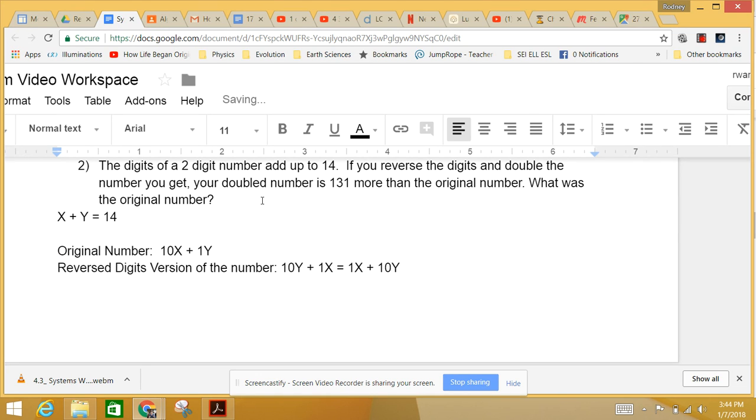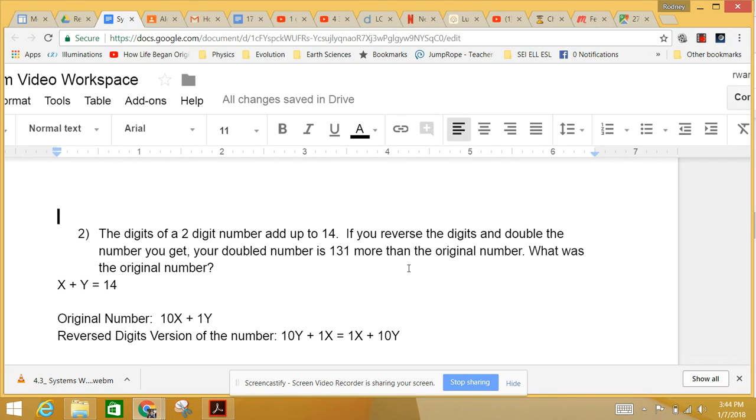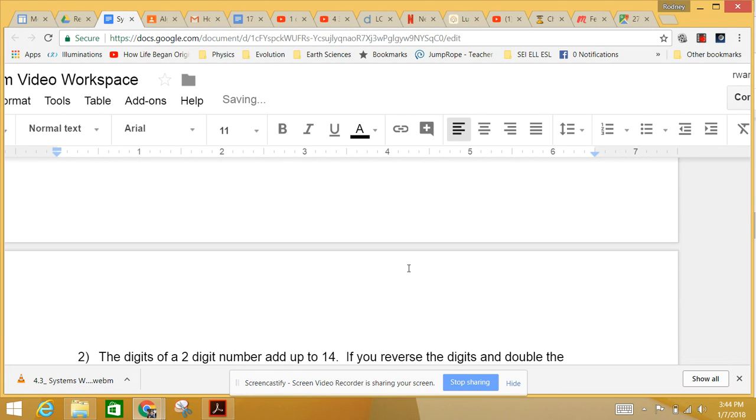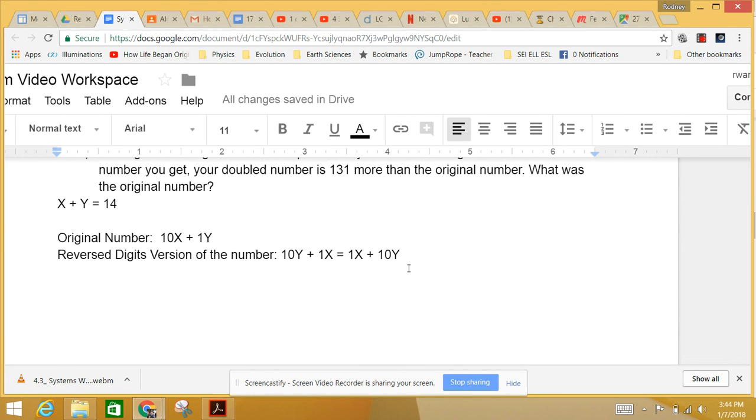And now I need to deal with the other equation. I've got one version that's 131 more than the other. I'm going to do this so I don't keep going off the page. So I've got a subtraction problem.